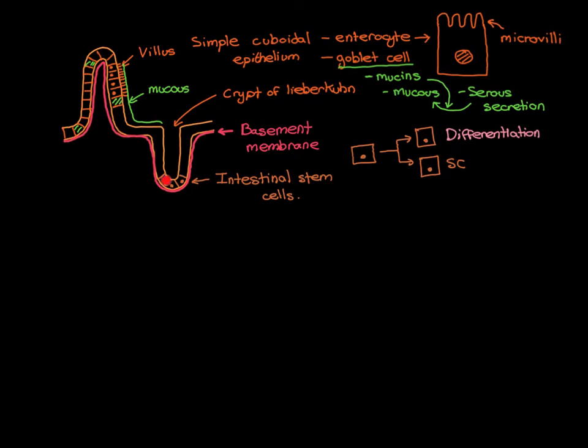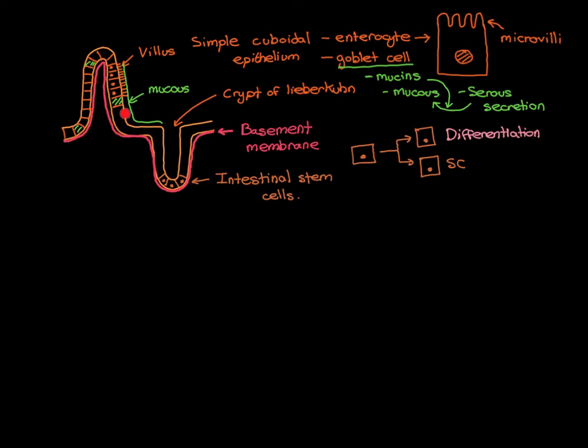So some of the cells that are being chucked off by the intestinal stem cells will become enterocytes, some will become goblet cells, and these gradually make their way up the crypt of Lieberkuhn epithelium and up the villus. As they go up, they'll be gradually differentiating, and once they get up here, they will have finished the differentiation process, and they'll either be an enterocyte or a goblet cell.